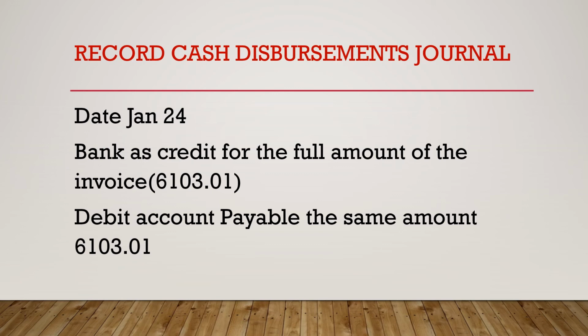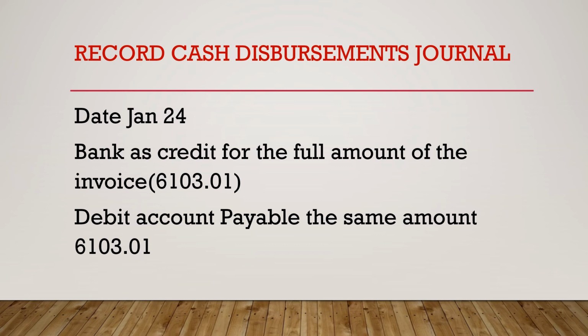After 30 days, you have to pay that invoice. So what do you do? You record the date of that payment, which is January 24. That's when you are removing the money from your bank to pay the invoice to your supplier.